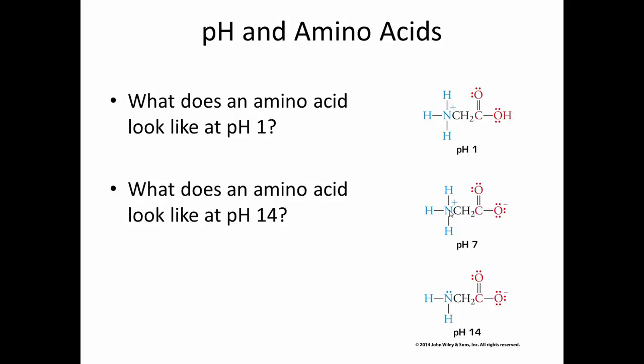At pH 7, of course, we have that zwitterion, and at pH 14 we have a negative charge because we are deprotonated on the carboxy end as well as the amino end. And so pH 14 is highly basic, and we are deprotonated here, whereas at pH 1 we're highly acidic, so we are protonated at both ends.